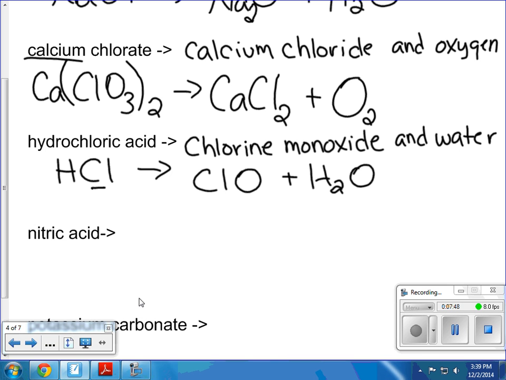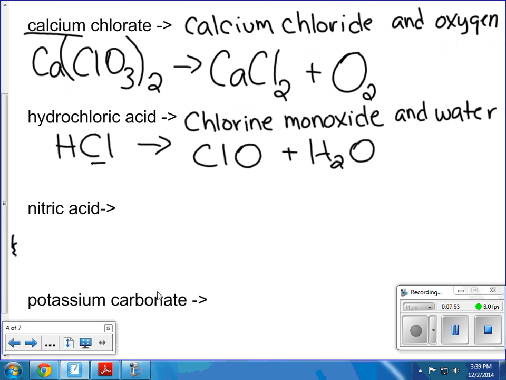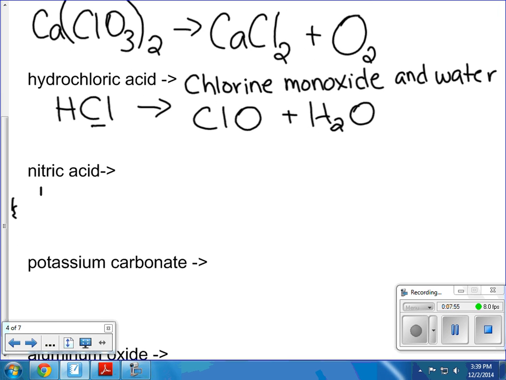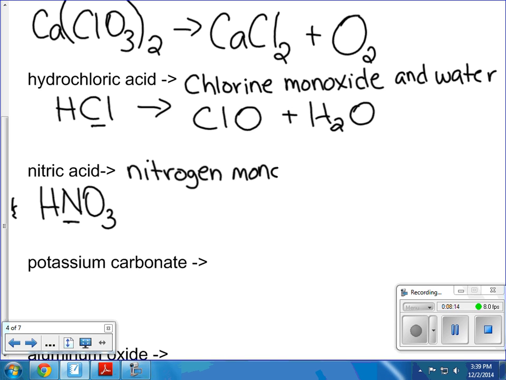All right, here's another acid. So nitric acid. Nitric acid is HNO3. So again, we need a non-metal oxide. So our non-metal is going to be nitrogen. Again, this is a covalent compound because it's two nonmetals. So nitrogen monoxide and water.